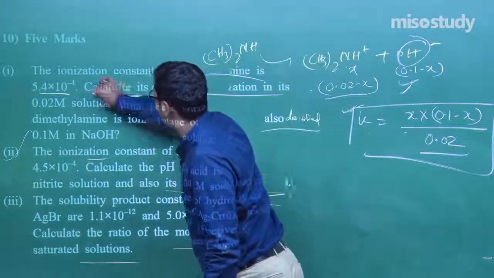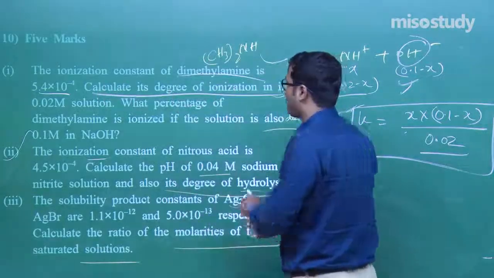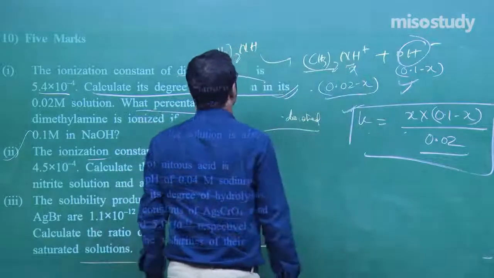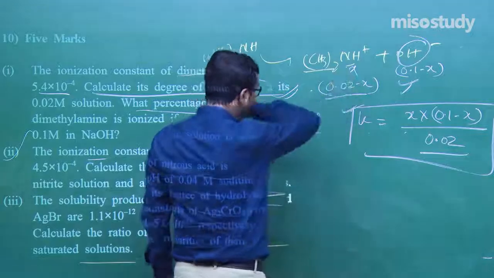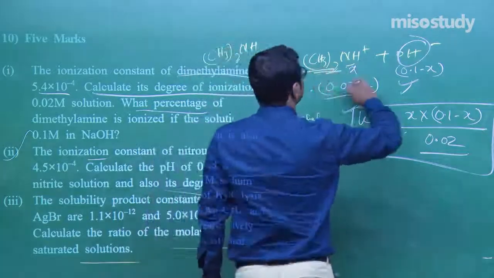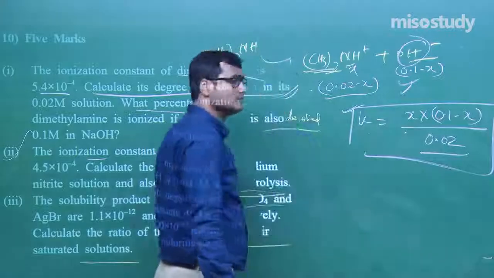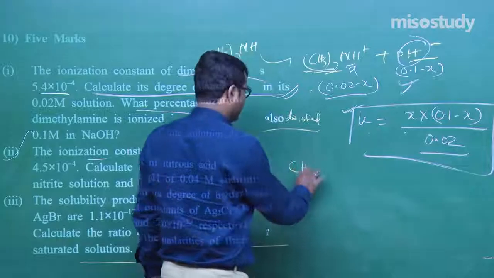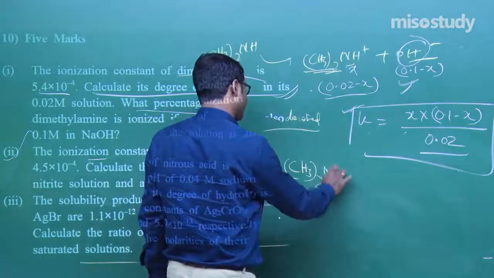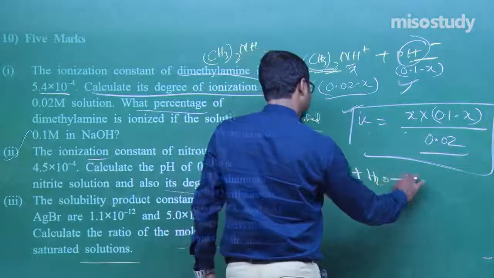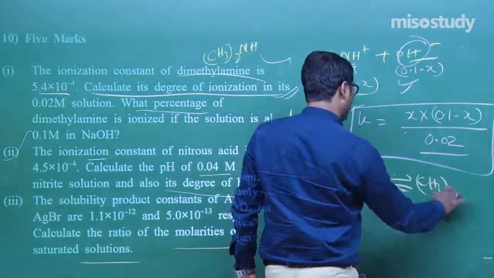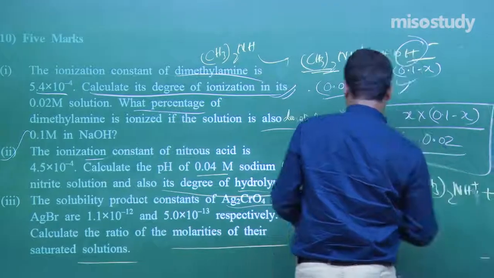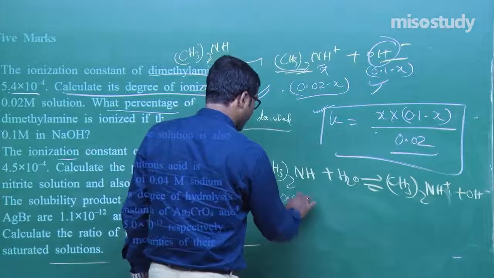So in this case there are two parts. First of all, we have got the degree of ionization. Now for percentage, write down the expression: (CH3)2NH plus water gives (CH3)2NH2+ and OH-, my friend. Clear? If you have any doubt, this is the case, plus hydrolysis. Concentration is 0.02.